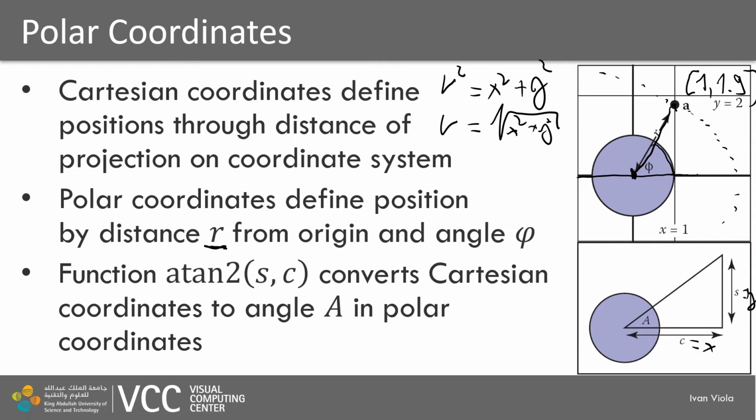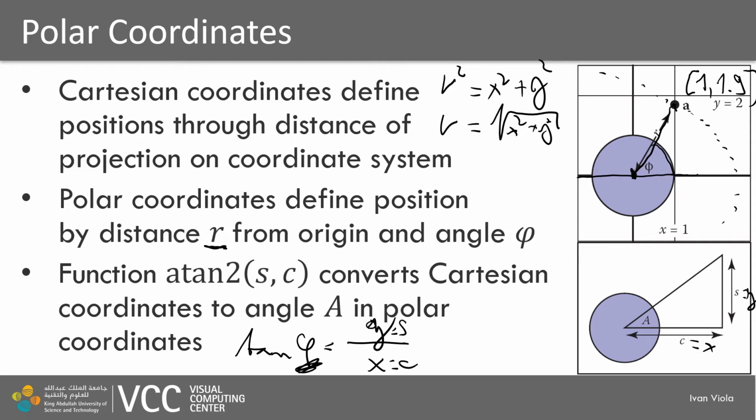How can we compute the angle? The angle can be computed in the following way. First, we can compute the tangent: tan of phi, remember, is equal to the opposite side, so this would be the y, divided by the adjacent side, so this will be the x, or if you like, the s and the c, as it is depicted in this drawing. And then we perform the operation arc tangent, and we get from the tangent of y over x the value of phi.